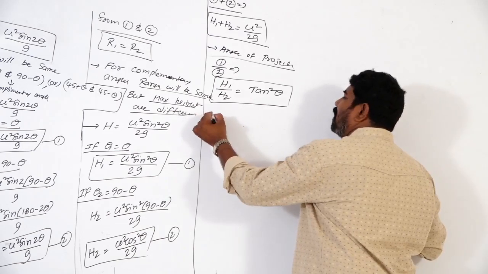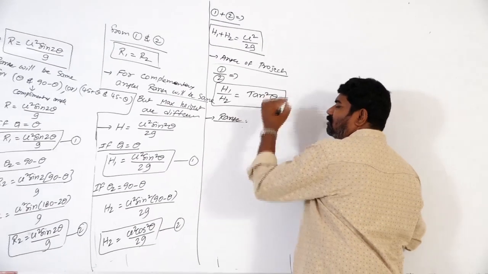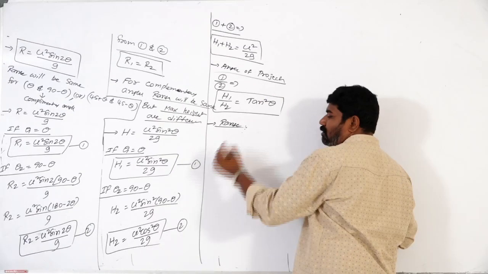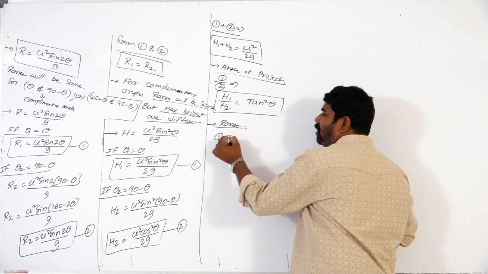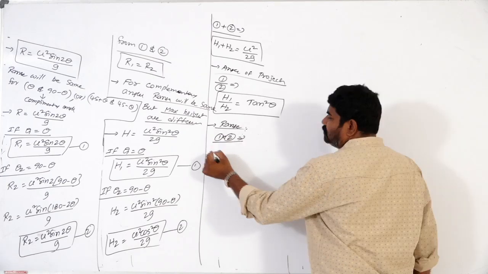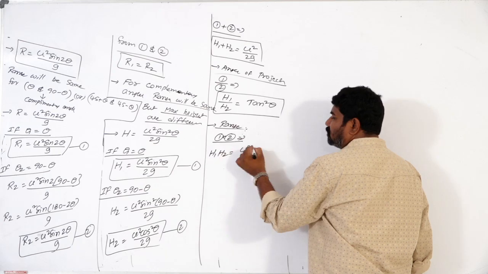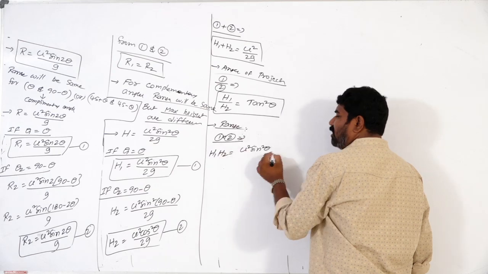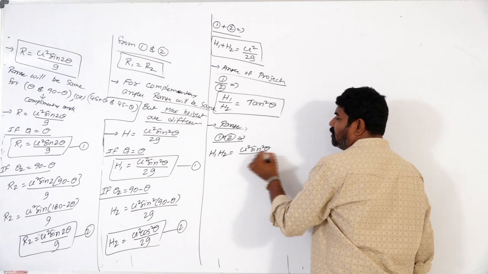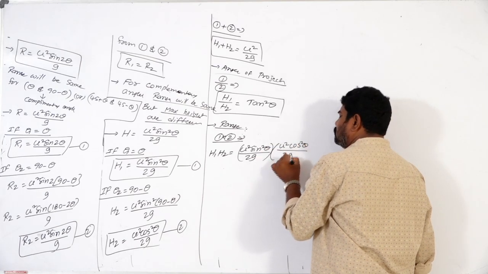Now we want to find the range of the projectile. Simply, we take 1 into 2, which implies H1 into H2 is equal to u square sin square theta by 2g into u square cos square theta by 2g.